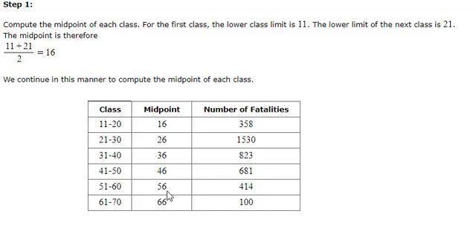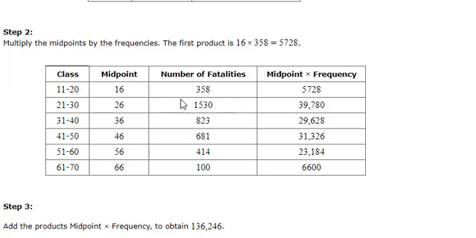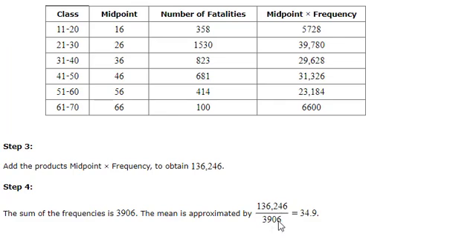So you will get the midpoint of each one. Then step 2 is multiply the midpoint and frequency. Then find the total of this, and divide those numbers. You will get 34.9 if you round it to one decimal place. So the mean is approximately 34.9.